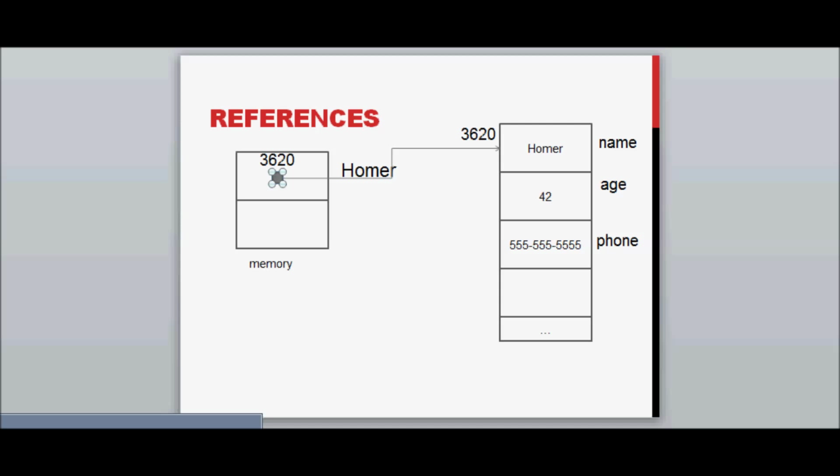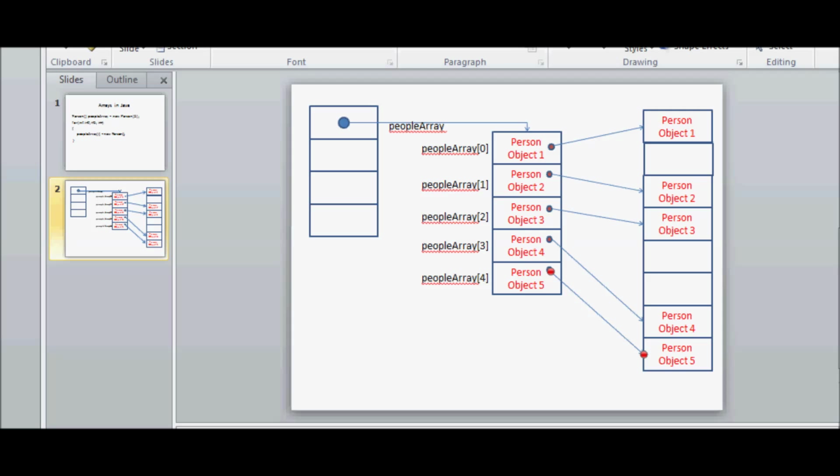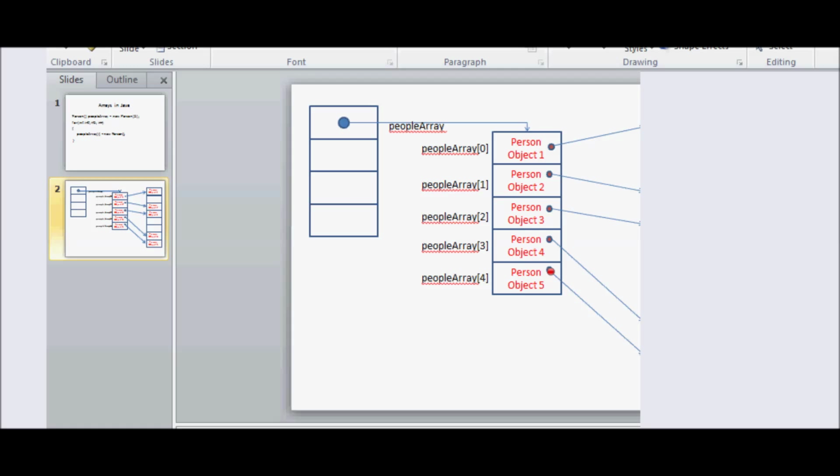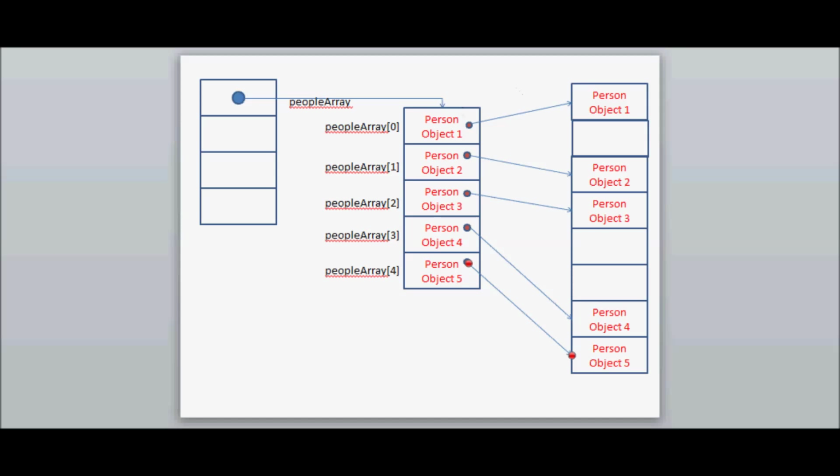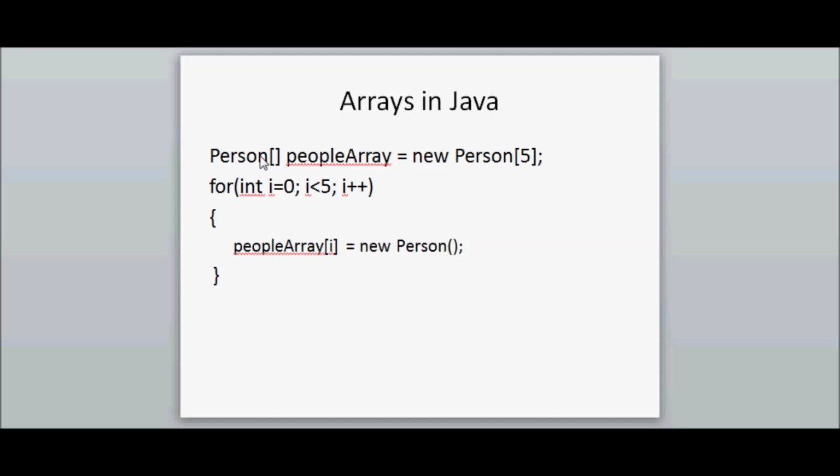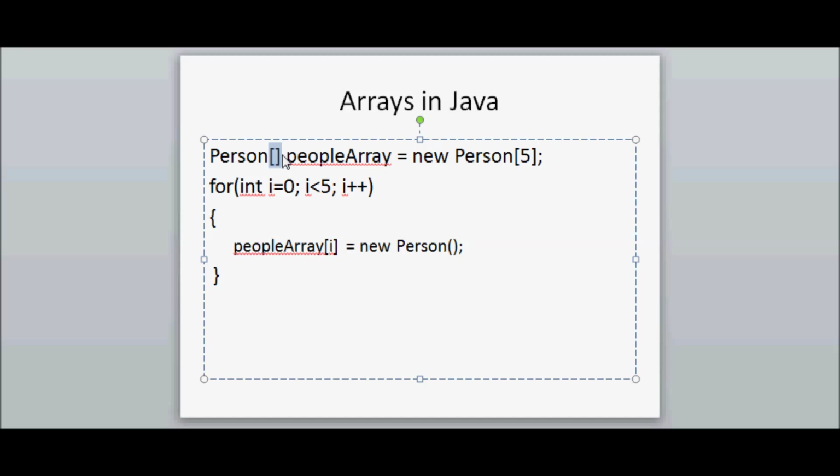Now, arrays are a very similar approach to this. Let's say that I had a person array. And remember, I indicate that an item is an array by placing the two brackets there. So I declare something called people array, and I instantiate an array of 5 objects.